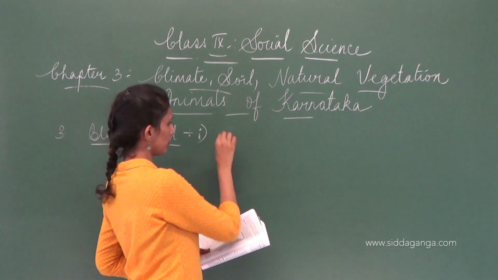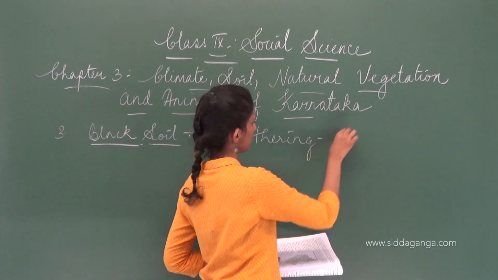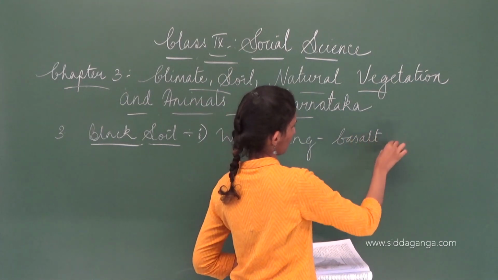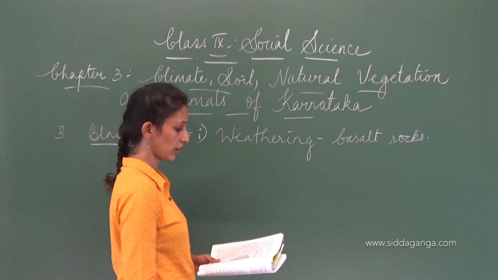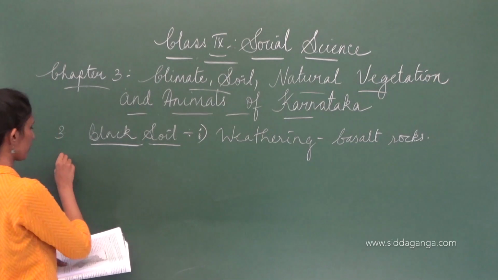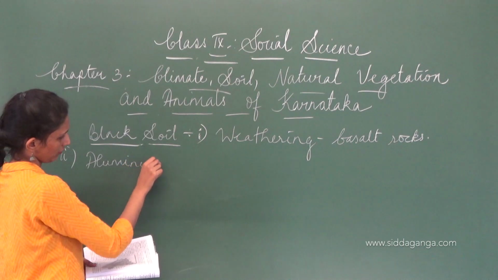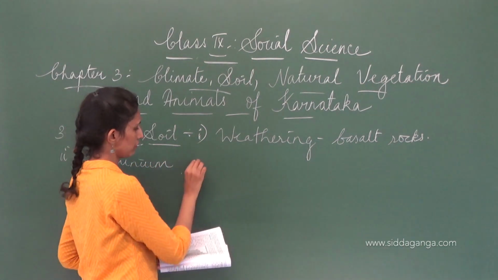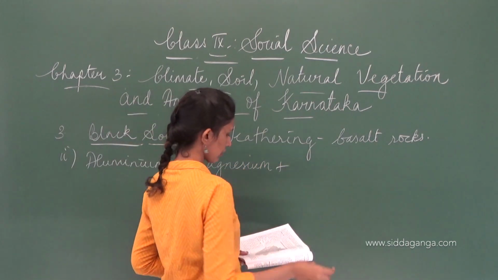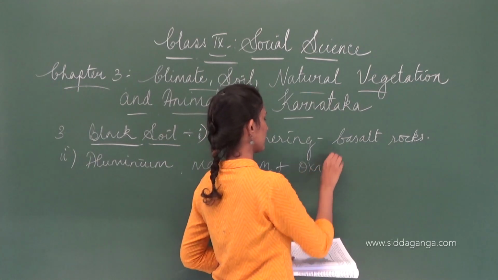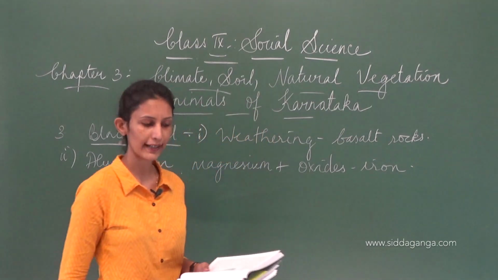Now this is formed by the weathering of basalt rocks. It is rich in aluminium, magnesium, and oxides of iron, and that is why it's black in color.